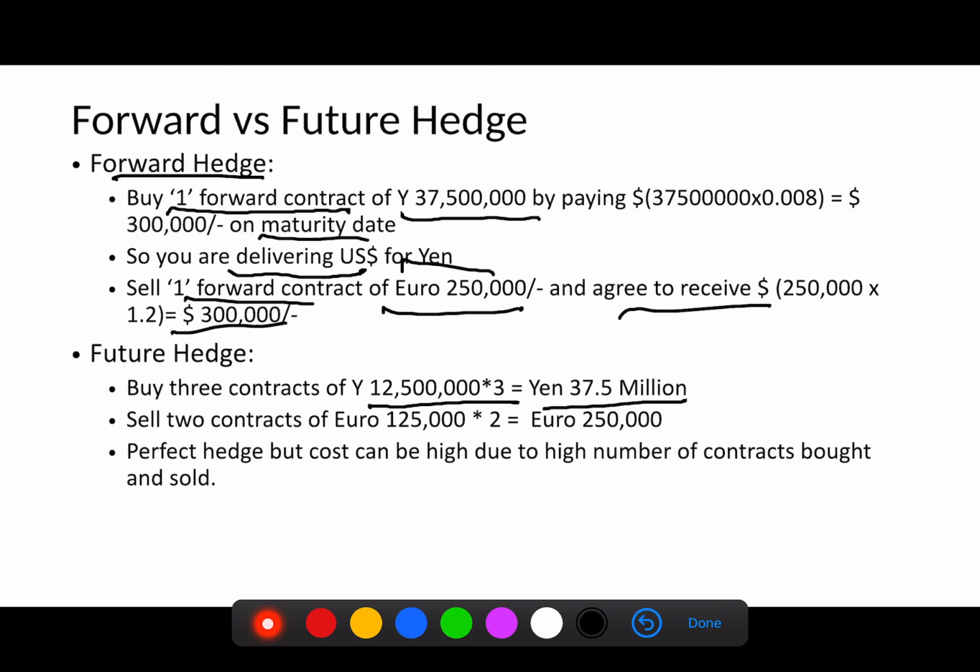And if you multiply this with 2, you will be effectively able to sell all of your 250,000 euros, and you are able to get the dollars, and then you will be paying the dollars to buy this much units of the yen. So this is a perfect hedge. Why is it a perfect hedge?